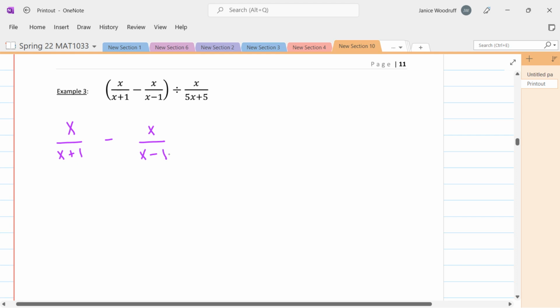Okay, so nothing to factor. It is subtraction, so I'm just going to go ahead and take this negative, put it next to the x, make it positive. What would the LCD here be? Very good. X plus 1, x minus 1. Just one of each factor.